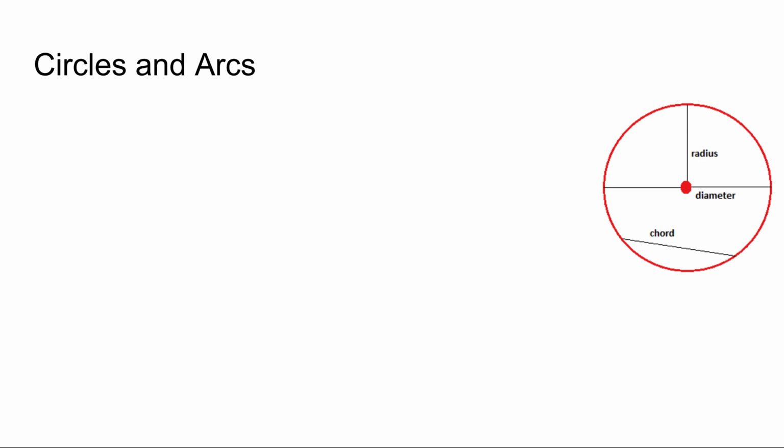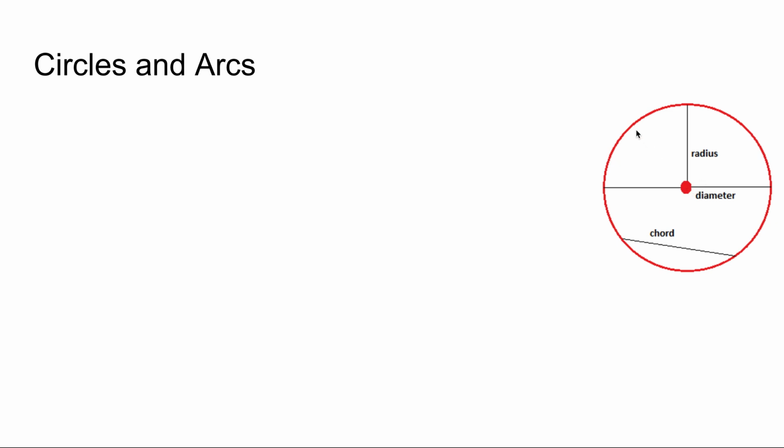All right, so circle. What's the definition of a circle? A circle is all points in the same plane that lie at an equal distance from a center point. So what I mean by that is, here is the center of a circle. From here, with this distance, the radius, every point on this circle has the same distance from the center.